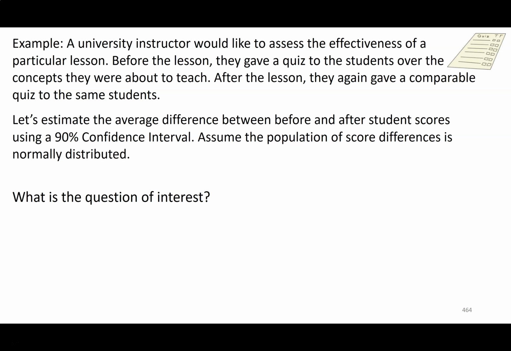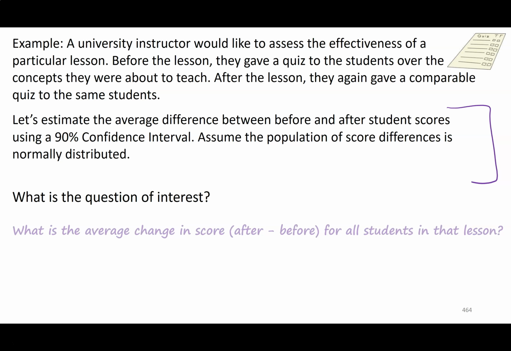So if I want to estimate, my question of interest is going to be very similar to before. For an estimation or confidence interval problem, what is the average or mean change? Here we're looking at a change in score.